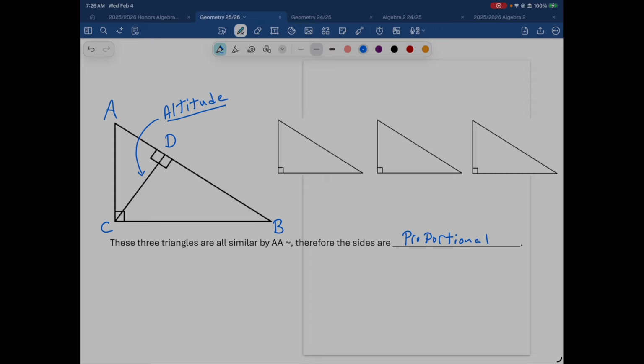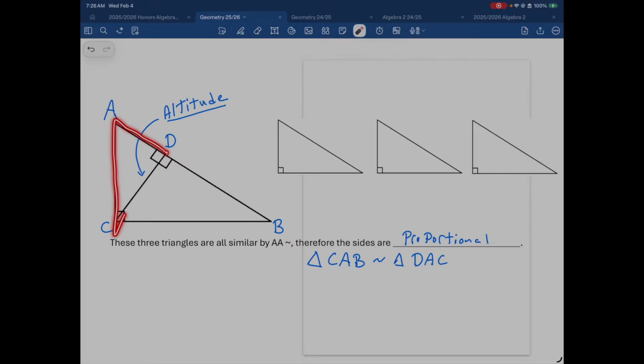And in fact, with what we have going on here, we can say that triangle CAB, which again is just ABC, CAB, that triangle there is similar to triangle DAC, our small one, which then is also similar to triangle DCB, which is this triangle right here.